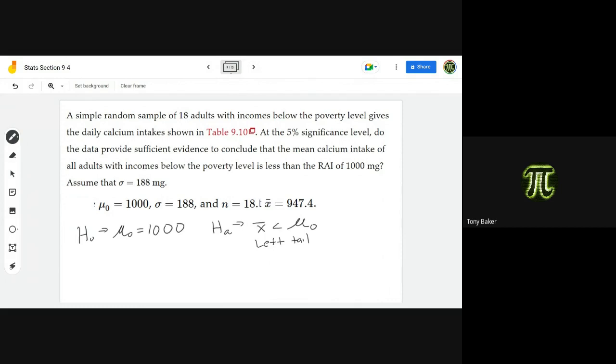All right, second step. Find my significance level. What's my significance level for this one? Yes. Is 5%. It's not a fish, it's that funky looking alpha. All right. So, next step. We have to do that z-score, right?